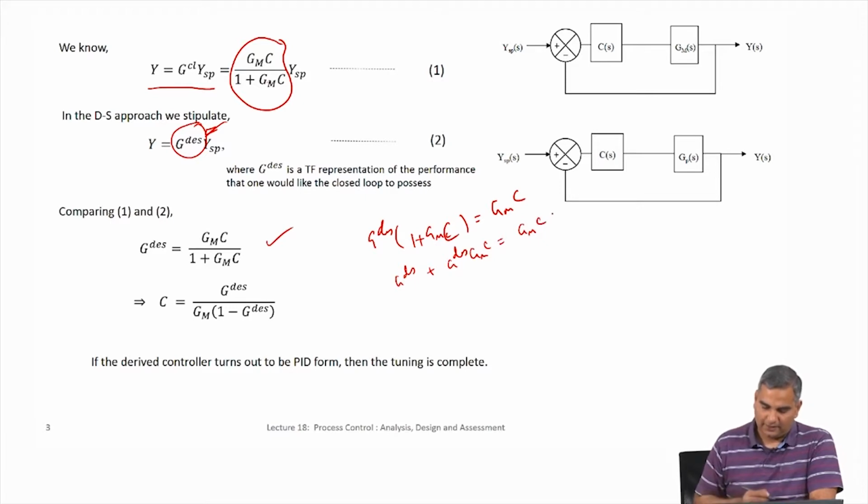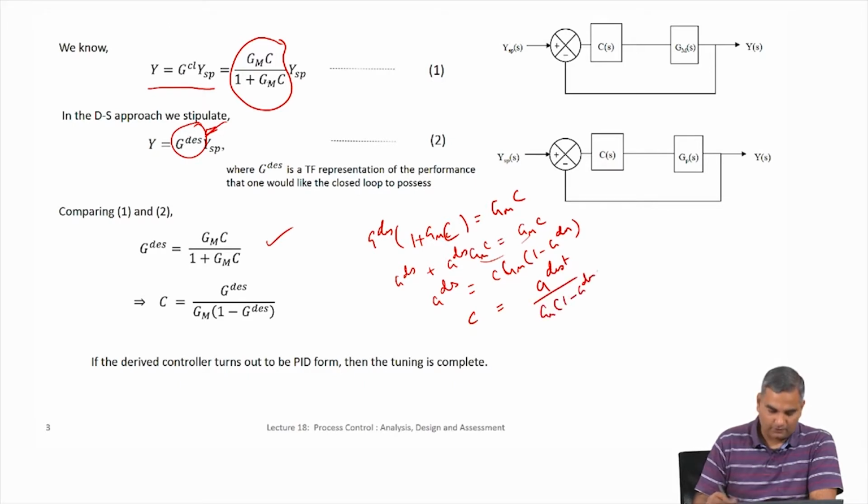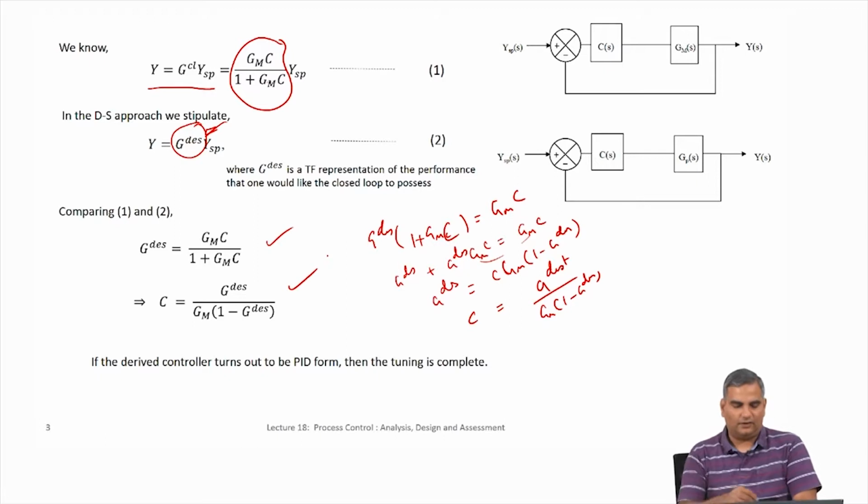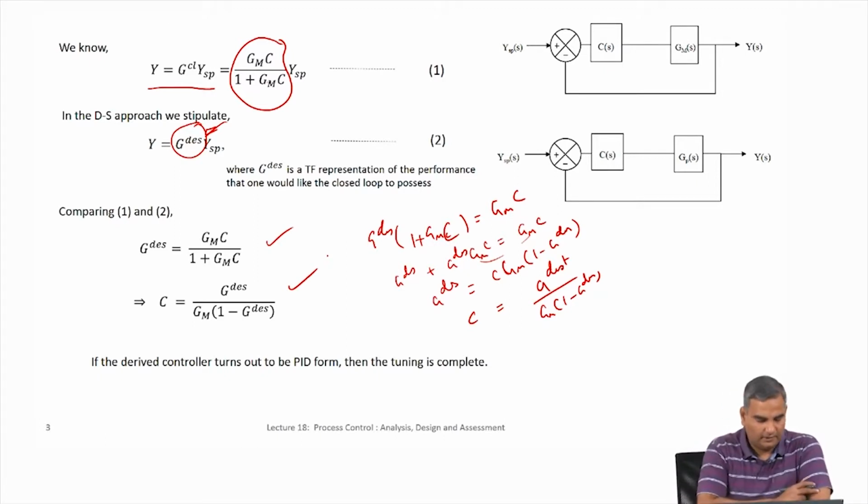So, this is just expanding this. So, I take this to the other side, and I get G desired is C times GM times (1 minus G desired), by taking this to this side and then collecting terms. Then this will give me C equal to G desired divided by GM times (1 minus G desired), which is what I have here. So, very, very simple manipulation that we do here.